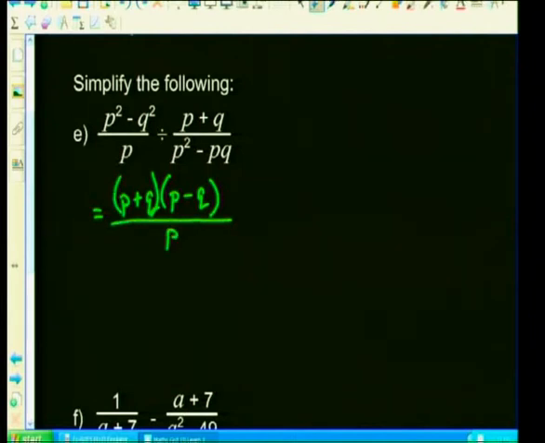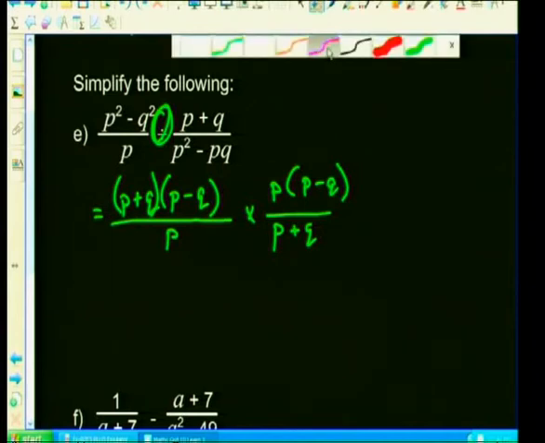At the bottom, our denominator. I'm sure you don't mind if I reciprocate and factorize at the same time. There's our numerator that becomes our denominator because it was a divide. And at top, I can take out a common factor of p, and I'm left with p minus q.